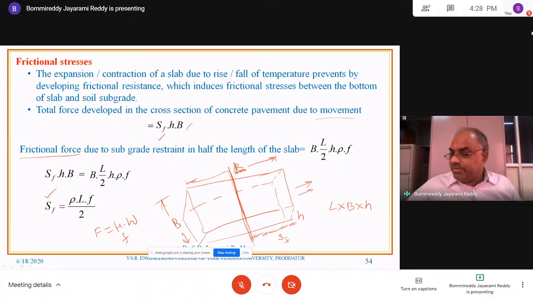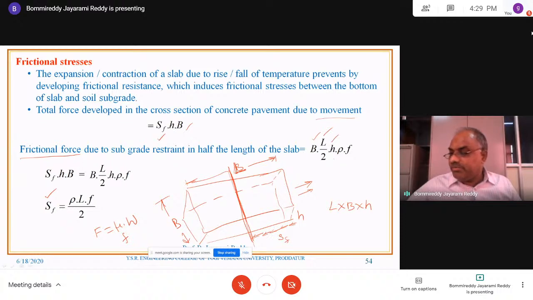So what is W? W means weight. Weight means volume multiplied by density. What is the volume of this entire slab? It will be B, and L by 2, only half of the length, multiplied by height.